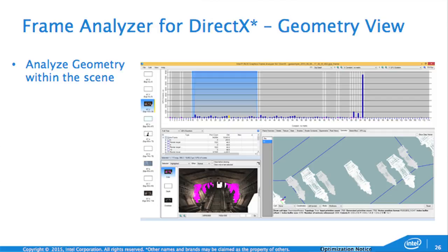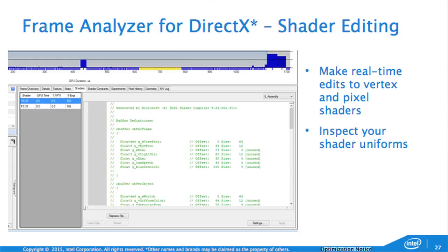Let's see. The shader editor itself, yes. This is really powerful as well. You can actually pick ergs, and you will get the actual shader code that was generated for that shader, and then edit it in here. You can actually replace the shader itself with another file if you wanted, and load another shader. The results immediately appear on your screen.